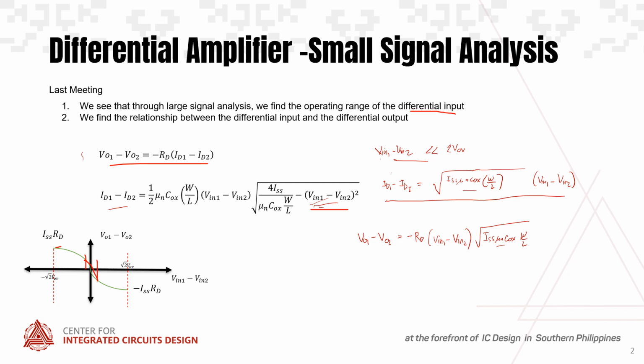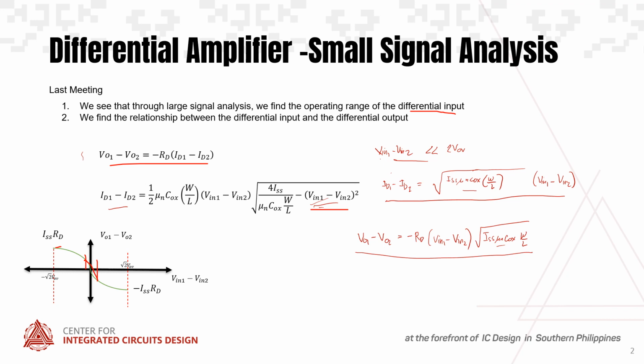So we can see that whenever we define this Vn1 minus Vn2 as very small compared to the overdrive, this is already linear.